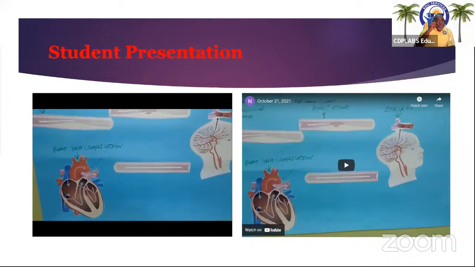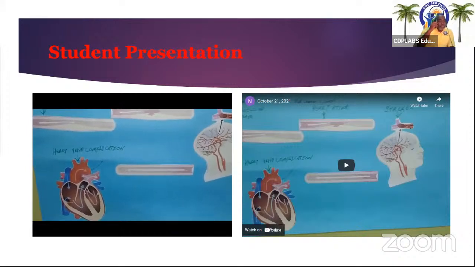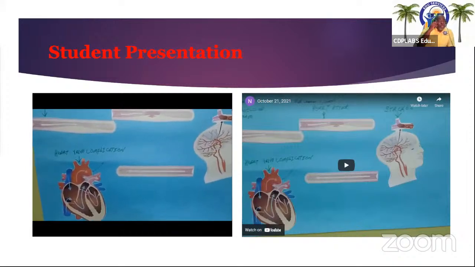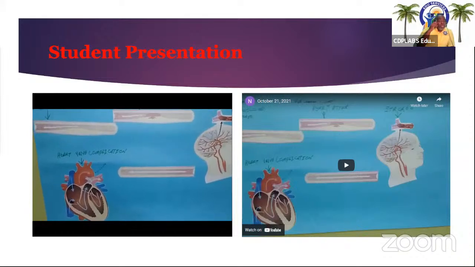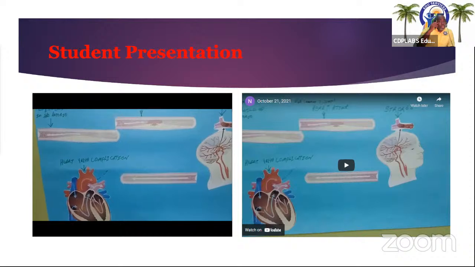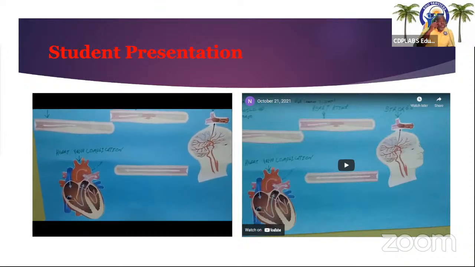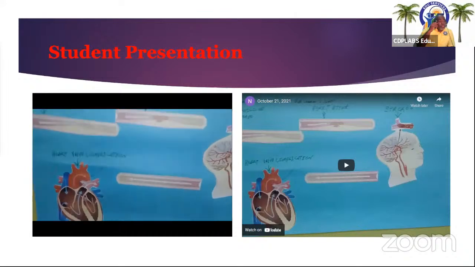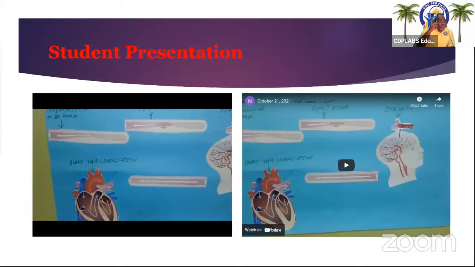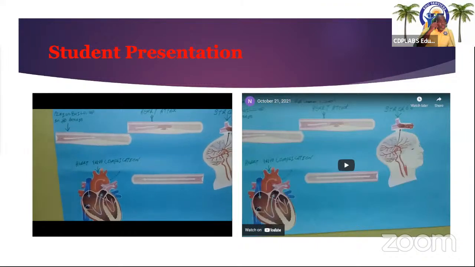So we have defective valve, we have aortic stenosis, and we have aortic regurgitation. These little 3 things up here are called leaflets or cusps.